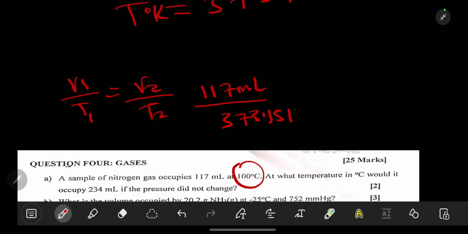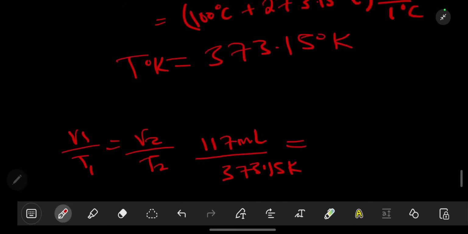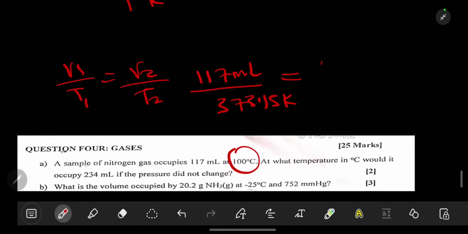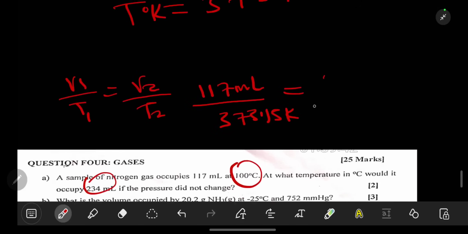So volume number 1 is 117 milliliter over the temperature number 1, which we converted to 373.15 kelvins, should be equal to volume number 2, which according to what we are given is 234 milliliter, over our unknown temperature number 2.